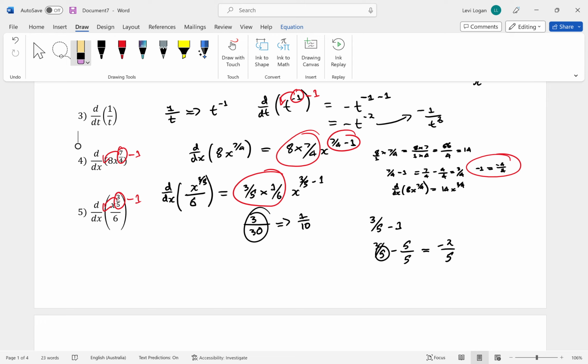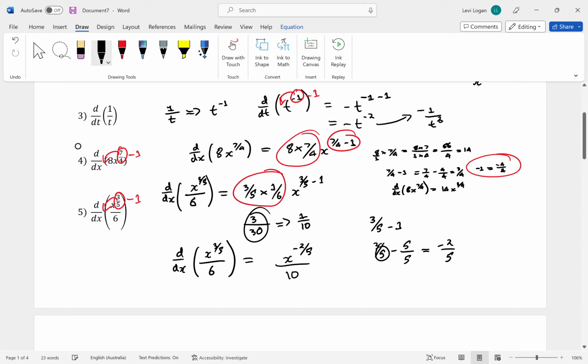So if you find the derivative of x to the 3 over 5 divided by 6, you're going to have 1 over 10 x to the negative 2 over 5. Or you can simplify that even more, not have the 1 there at all, and just have the whole thing over 10.